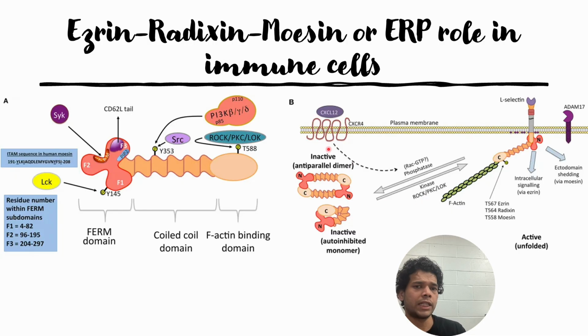And one more way that ERM is deactivated, as has been reported, is when CXCR4 interacts with CXCL12, it will also cause inactivation of this ERM. This is found in T cells, that this is how the ERM responds when CXCR4 interacts with CXCL12.